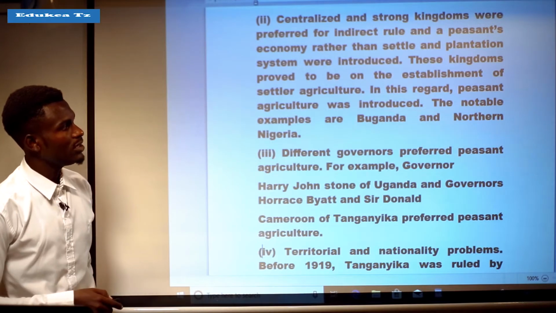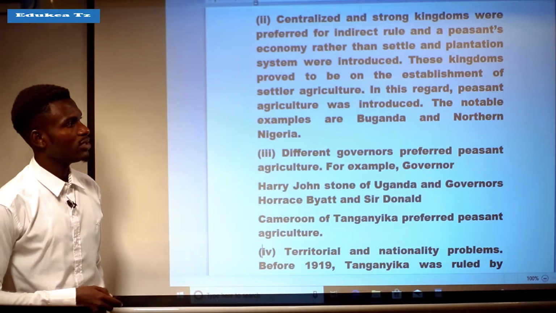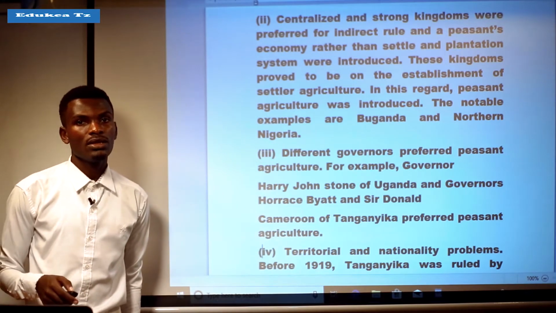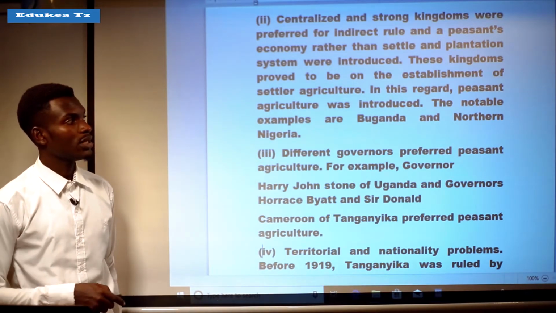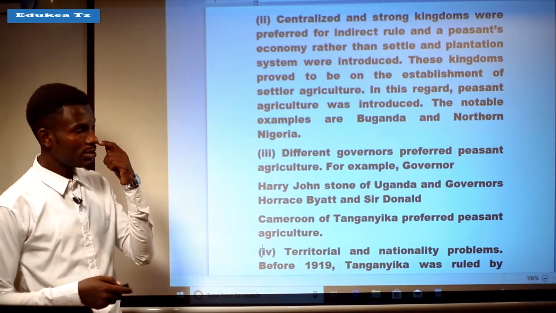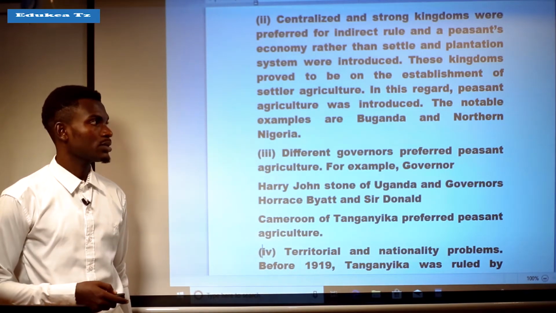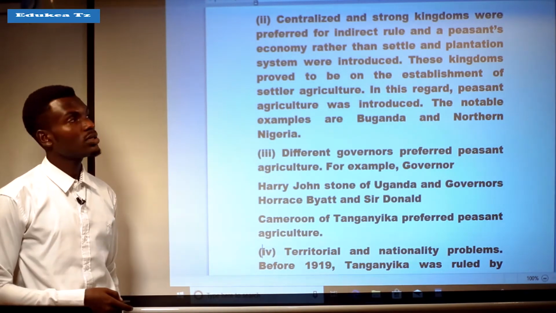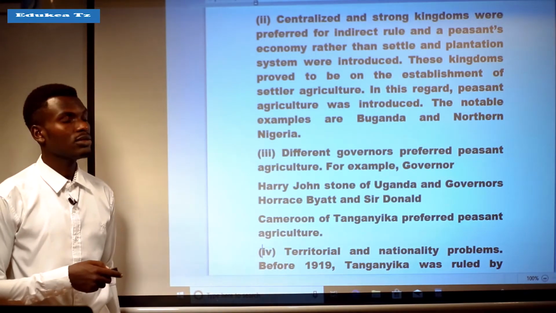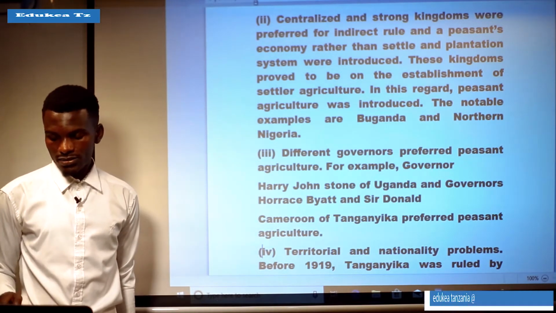In this regard, peasant agriculture was introduced. The notable examples are Uganda and northern Nigeria, where settler and plantation agriculture could not take place because there were strong and centralized kingdoms, and that led to peasant rather than plantation or settler agricultural systems.